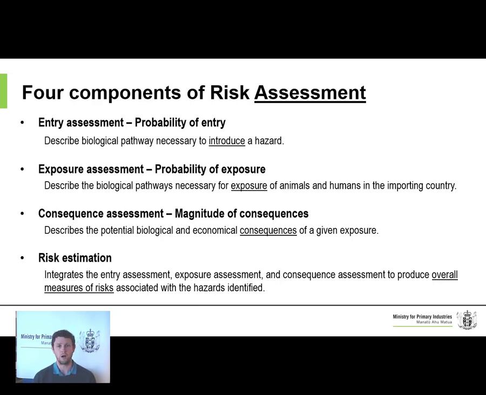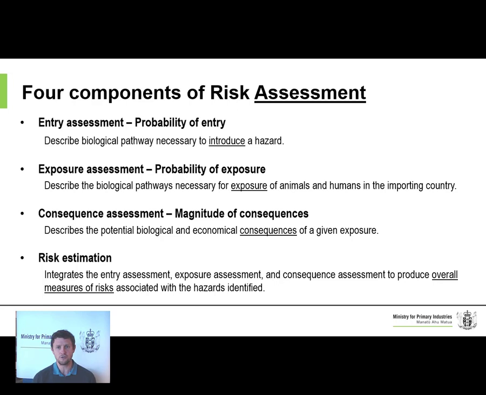We describe the biological pathways necessary to introduce a hazard into a country or a population, and so we look at the types of transportation or entry pathways for that hazard to actually get into a country in the first place. We talked about types of plants, types of animals, the types of containers, the transportation opportunities, and how that hazard itself is able to enter a country.